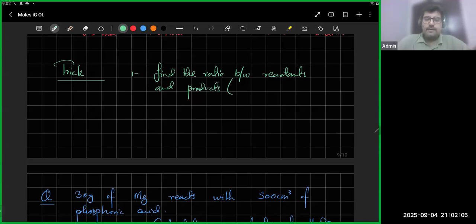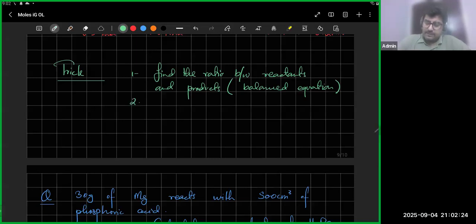How do you find that? You would probably need a balanced equation. Sometimes you don't even need the balanced equation, but mostly you would need a balanced equation.